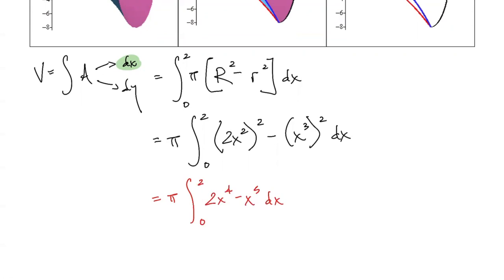The 2 and the x to the 5th. Good. I did not square the 2, right? This squared means you square the 2 and you square the x squared. Okay, that's the first mistake. The second mistake, a power raised to a power means that I'm going to multiply those powers, right?